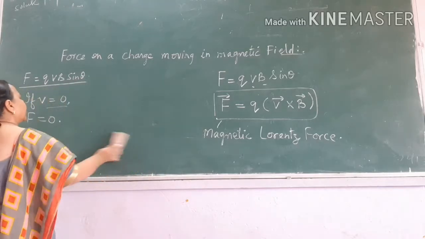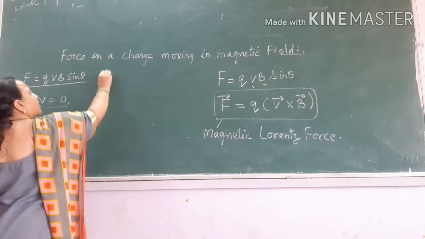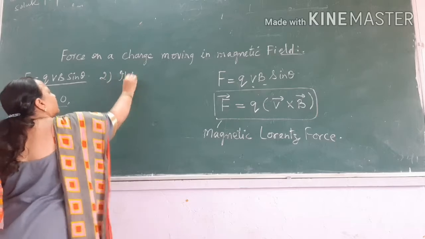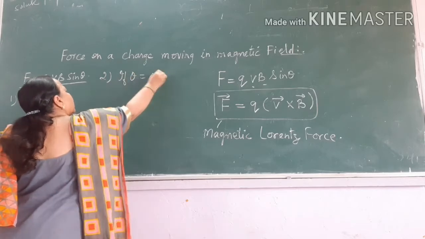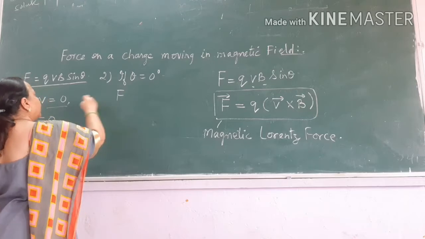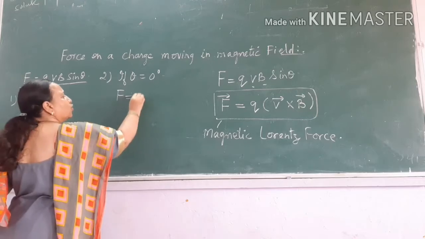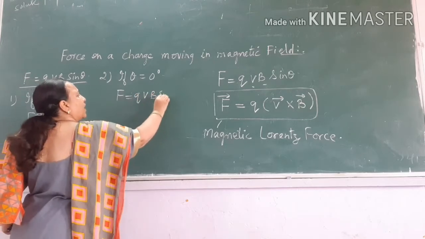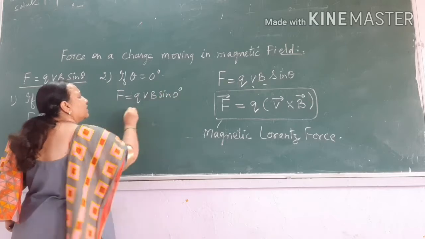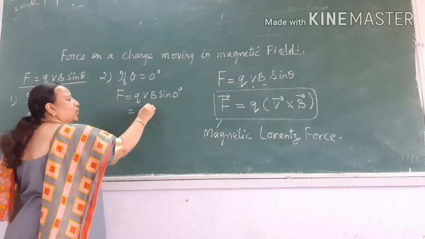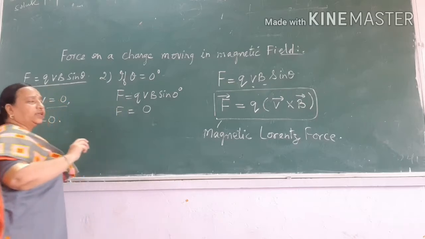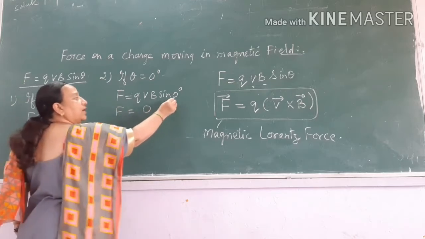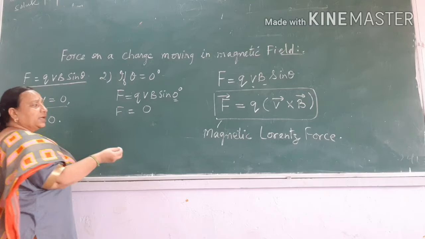Now the second case is if theta is equal to 0 degree. When I write F is equal to QvB sine 0 degree, this equation becomes 0 once again. So no force acts on a charge when theta is equal to 0. What does it mean?